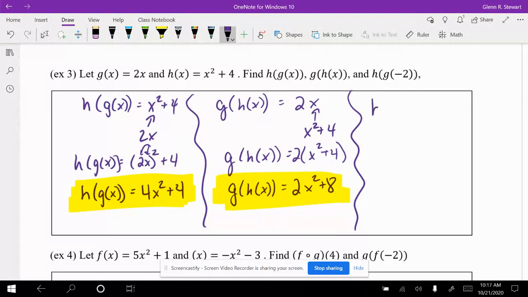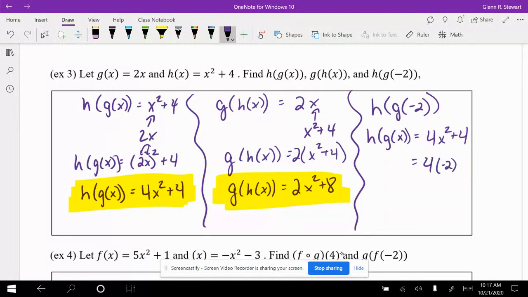And then last, it wants me to find h of g of negative 2. Okay. Over here at the very first, we found that h of g of x was equal to 4x squared plus 4. So we can actually just plug that in from there and make this 4 times negative 2 squared plus 4.